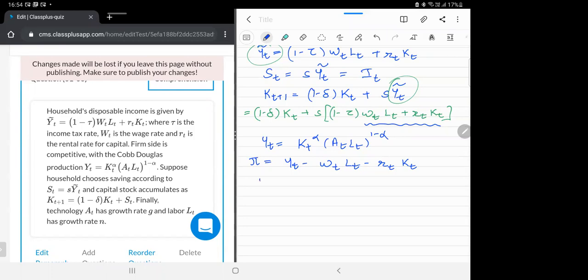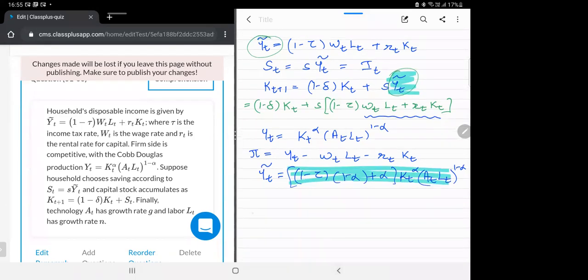In the third question, we have Ỹ_t = (1 − τ)(1 − α + α) K_t^α (A_t L_t)^(1−α). This is what needs to be substituted here for Ỹ_t.